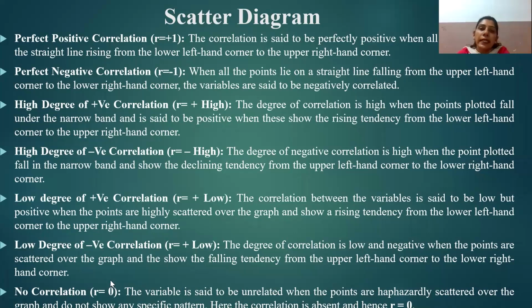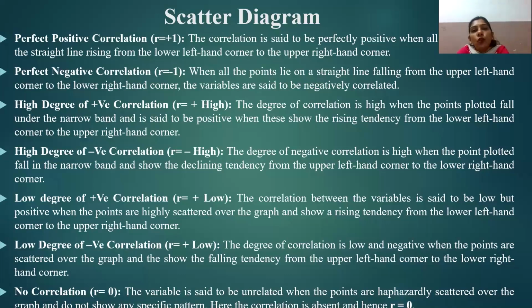Basically, scatter diagram is also known as scatter plot, which is used for graphically investigating the possible relationship among two variables without calculating any numerical value. With the help of scatter plot and scatter diagram, we can easily identify the relationship among the variables without mathematical calculation.